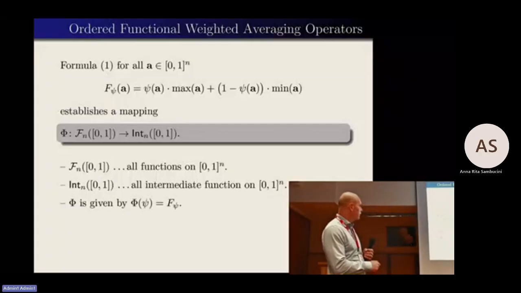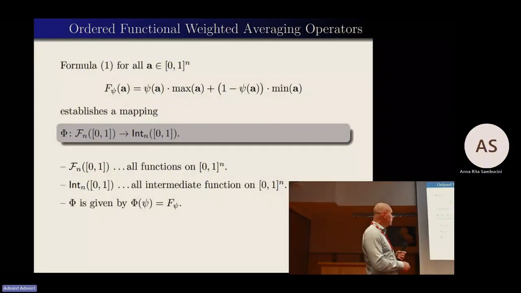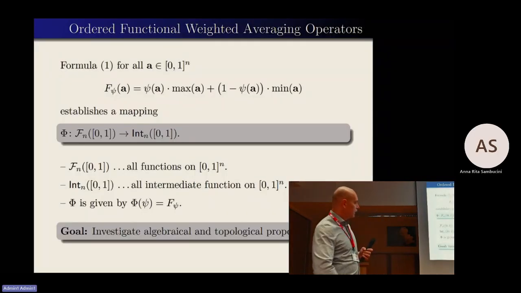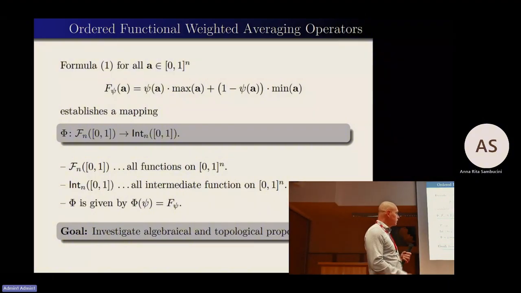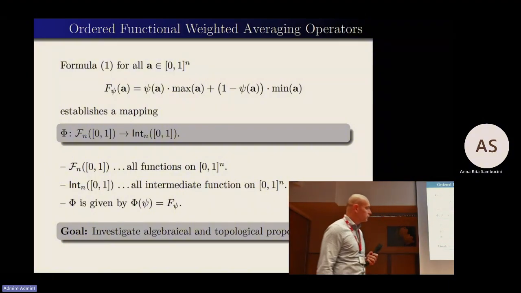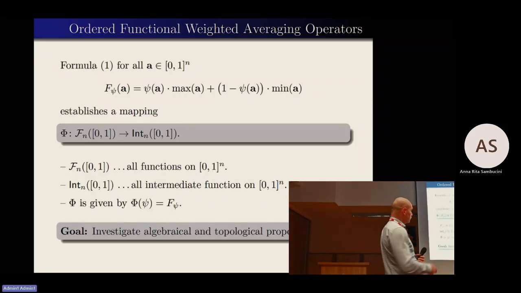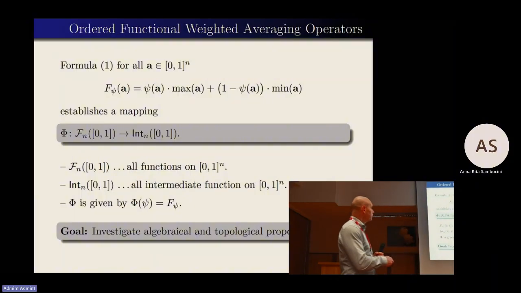And this mapping is given by, given a function phi, there is assigned this kind of operator. And what was our main aim? It was to investigate algebraic and topological properties of this method. Yes, we have some representation, and the aim was to investigate some of its properties.